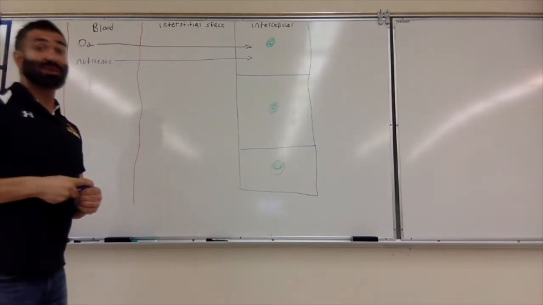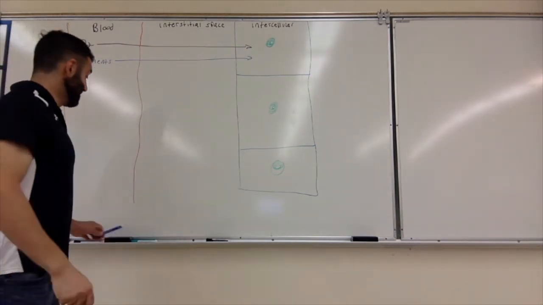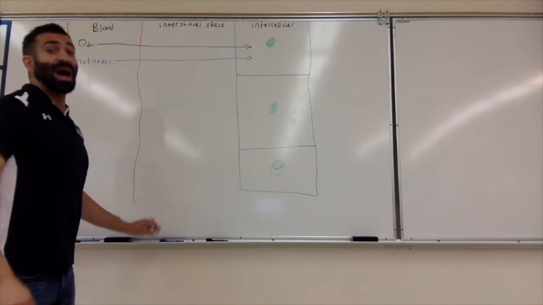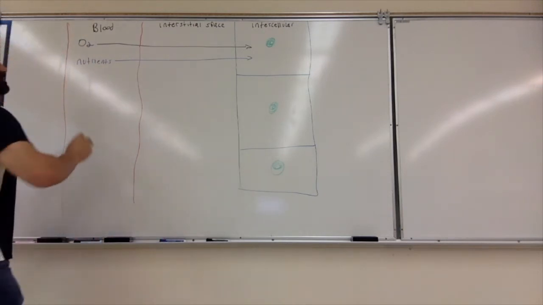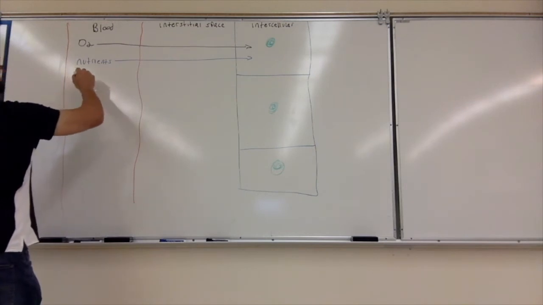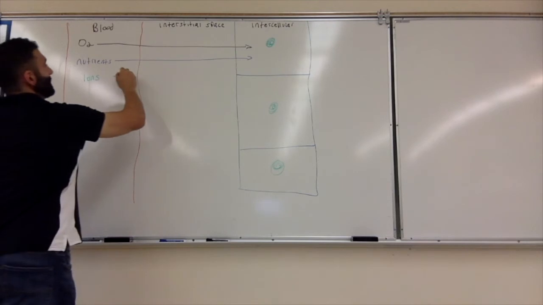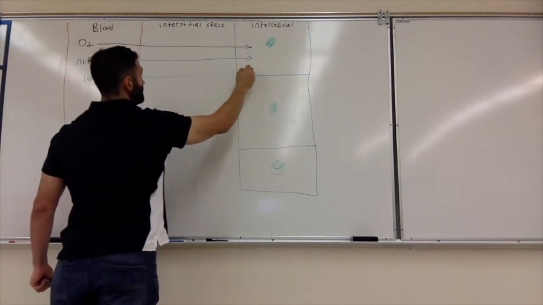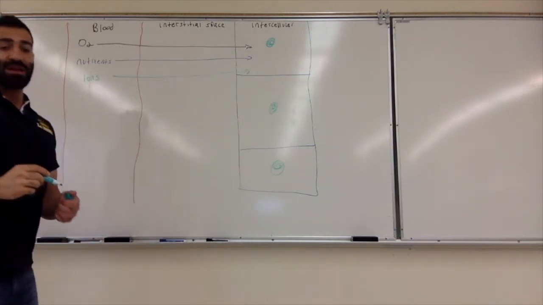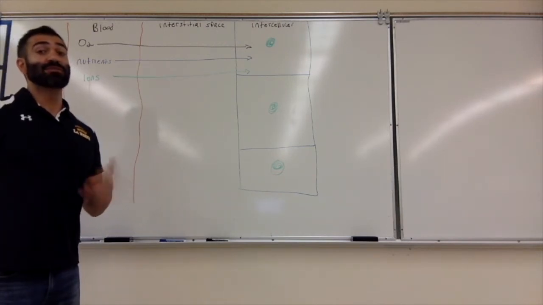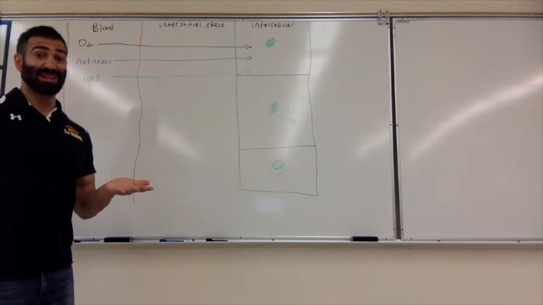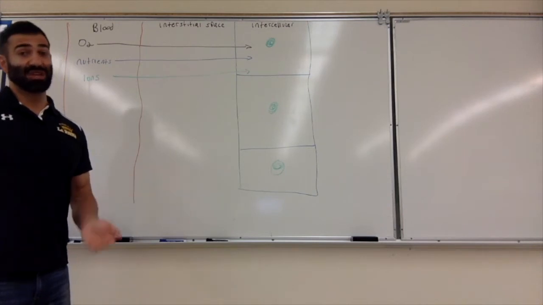Now, there are some other things that are very important to get into your blood as well. Ions, also known as charged atoms and charged molecules. They're also very important to go into your cells. You probably know that there are some popular drinks that have these ions, which I guess the buzz term is electrolytes.